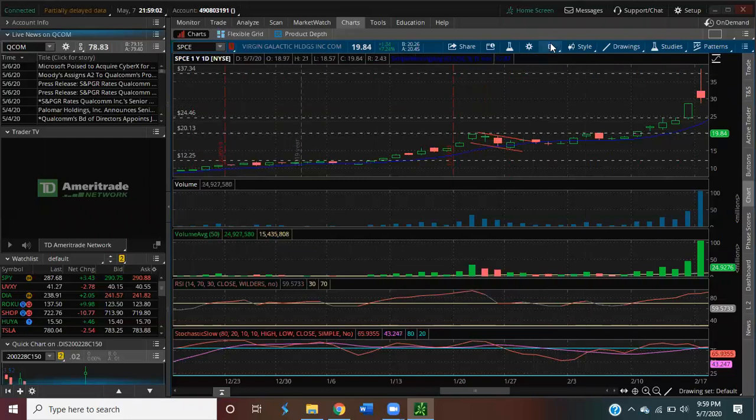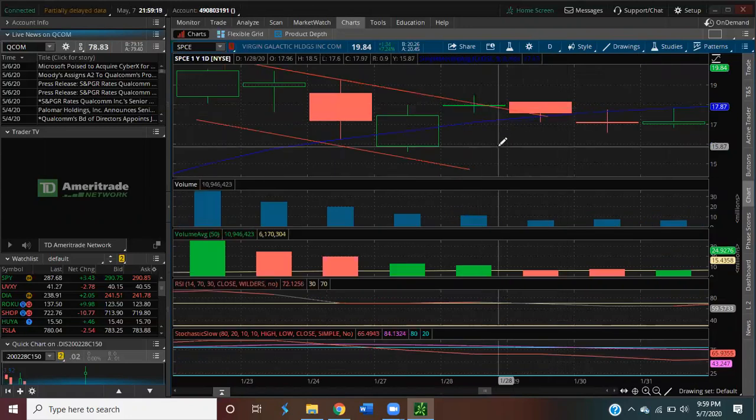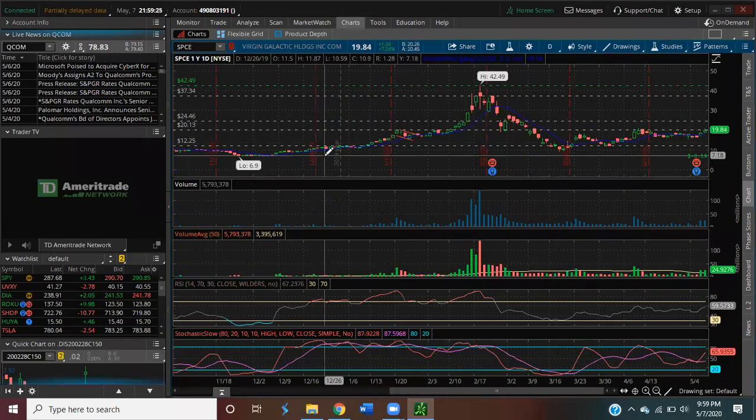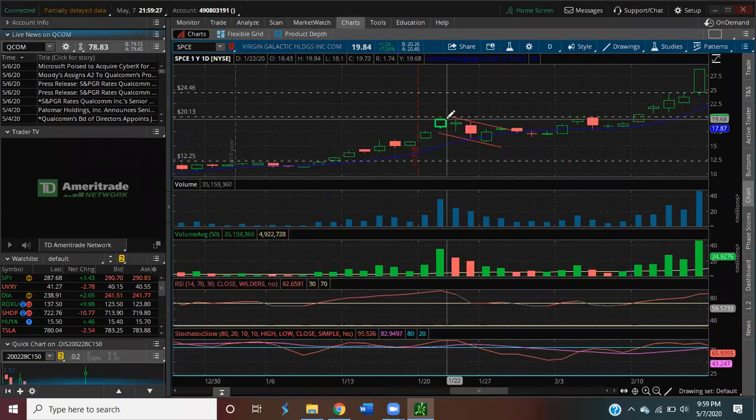Because of the dragonfly doji, really, you really want to just look for it to break above. But you can see here with this pattern, it really didn't break above a whole lot with this candle. So it really just started flattening out, and that's how it created this resistance right here, when it started flattening out and trying to push above, but it couldn't.